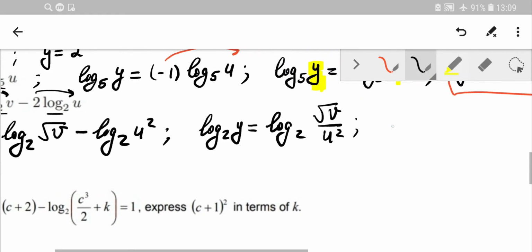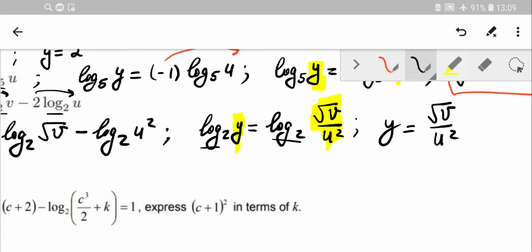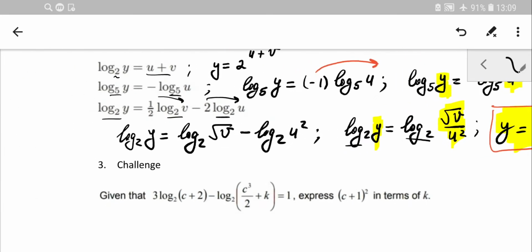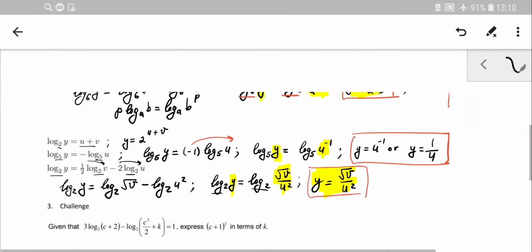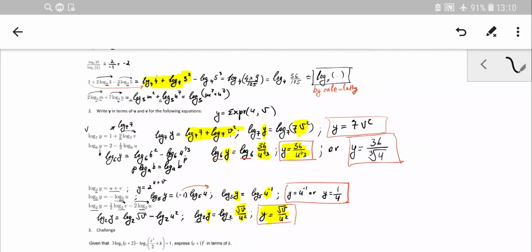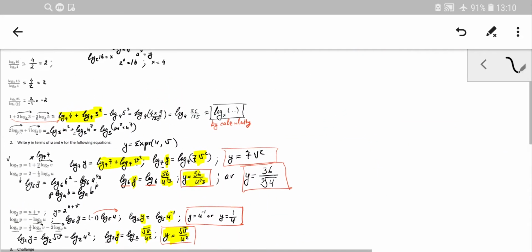So from where I again equate internal numbers because of the same log with the same basis. Okay, so y is simply square root of v over u squared. So I used the surd notation, and that's the answer for the last log here. Okay, so make sure at least you did that. So that's the final answer.